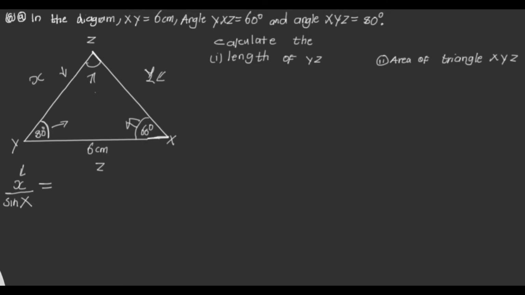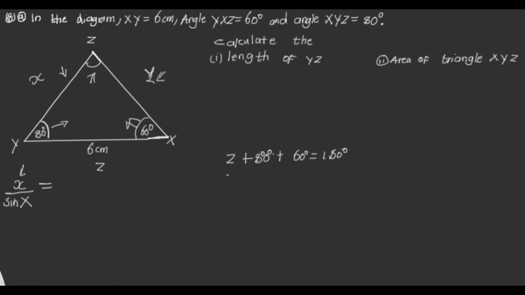But since we have been given two angles here, we can find the third angle whenever we are dealing with a triangle. So we can say angle z plus 80 degrees plus 60 degrees is equal to 180 degrees.